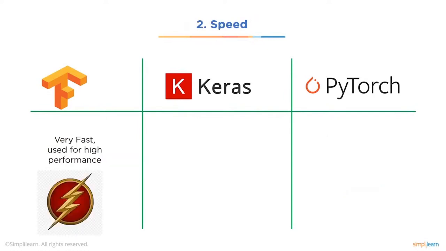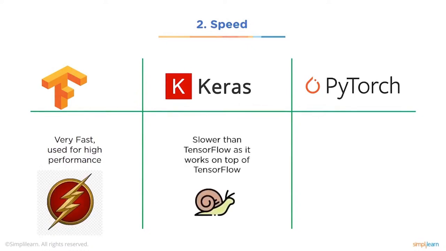The next criteria that we'll be looking at is speed. TensorFlow is very fast and is used for high performances. Keras is slower as it works on top of TensorFlow. Not only does it have to wait for TensorFlow to finish implementation, it then starts its own implementation. Meanwhile, PyTorch works at the same speed as TensorFlow, as both of them are low-level APIs.